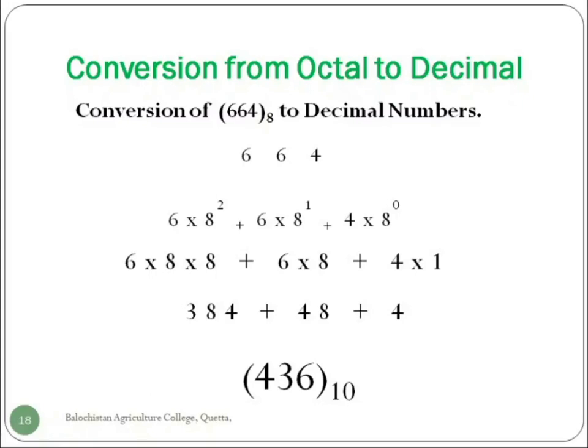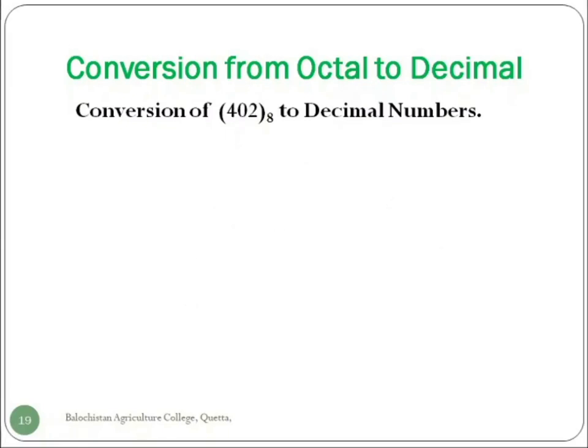We take another example and will convert an octal number into a decimal number. Now we have the following octal number. The first step is to multiply each digit by 8: 2 multiplied by 8, 0 multiplied by 8, 4 multiplied by 8.